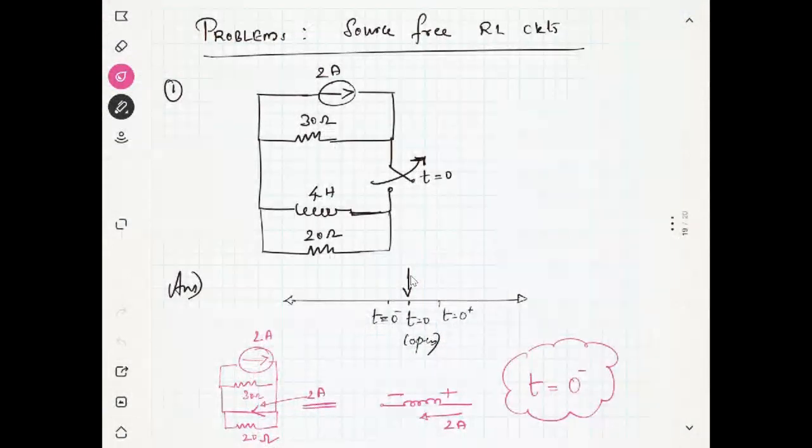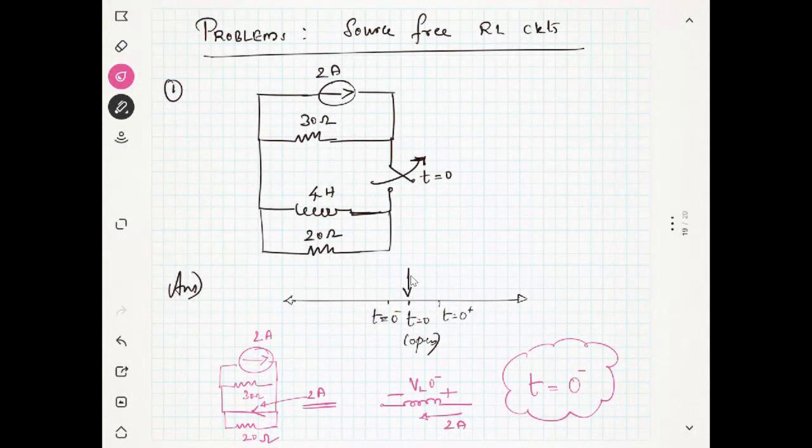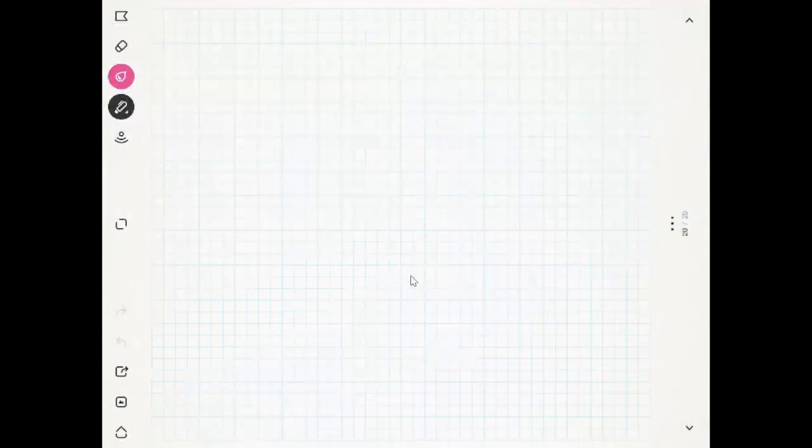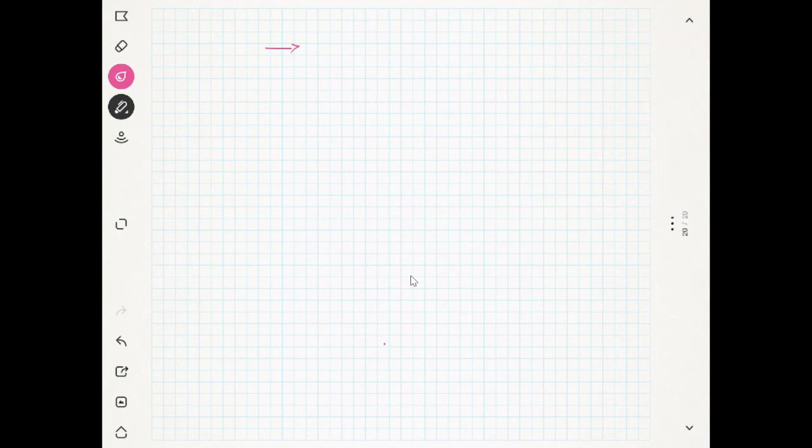Now, after opening the switch, we will mark the polarity of the voltage VL of 0 minus like this. After the switch is opened, I will draw the circuit again.